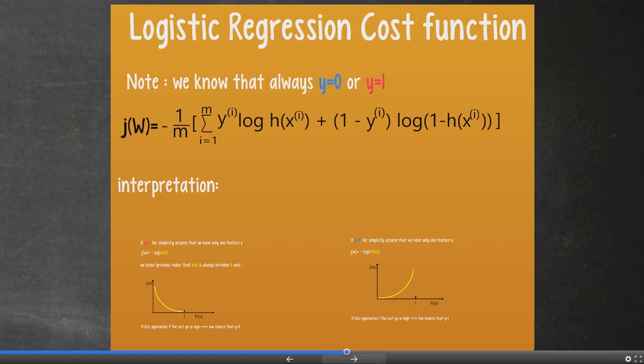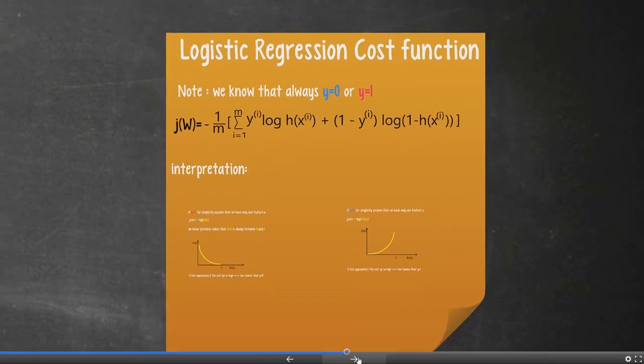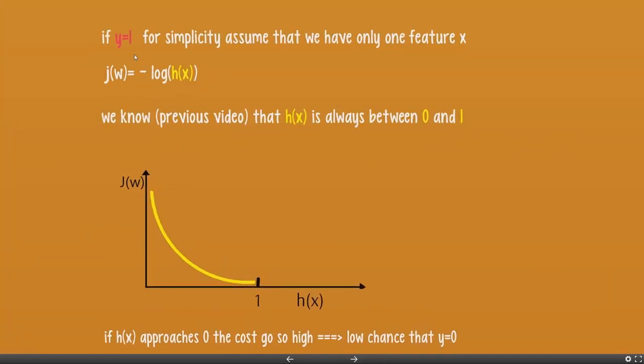So let's see an interpretation to understand all of that. Don't get scared. It's all gonna be obvious, and it's just a secret between us. You won't need to know that later. So let's see some interpretation.